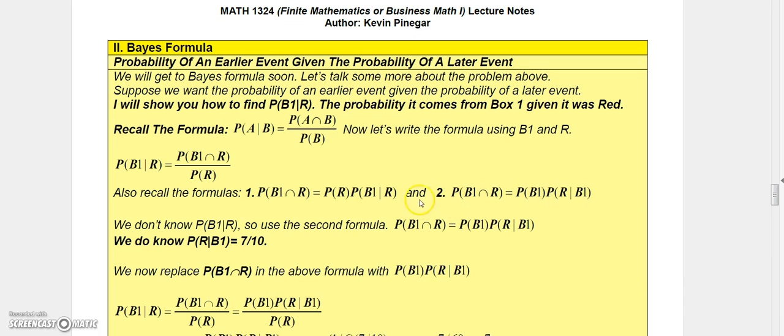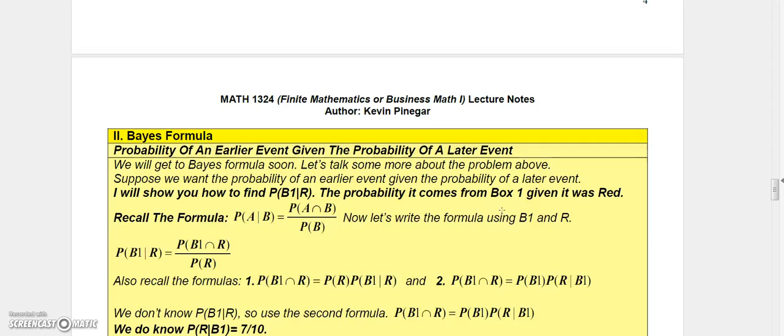The problem is, in the first formula, the probability of B1 given R is in this calculation, and that's actually what I'm looking for. So that doesn't really help me much. But the second calculation, I can work with. We do know that the probability of R given B1 is 7/10.